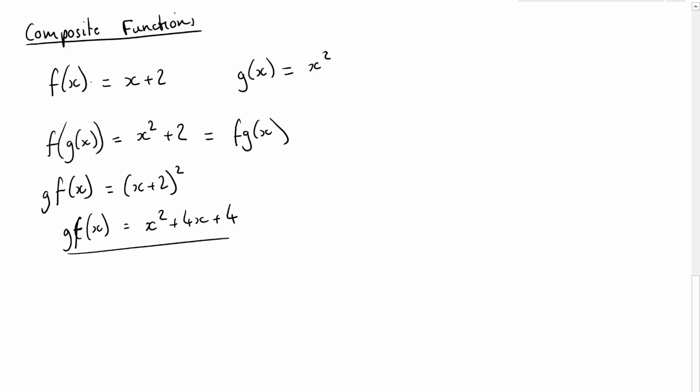This is where it starts to get a little bit mind-boggling, but if I wanted to have f of f of x, it means that wherever I have an x, I'm going to substitute f of x. So this was originally x plus 2, so I put in x plus 2, plus 2. And so f of f of x is actually x plus 4.